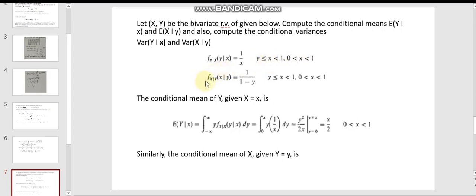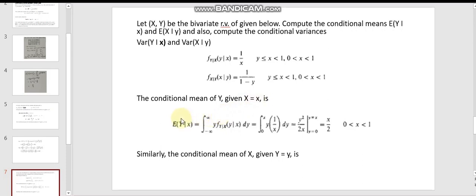Similarly, the conditional PDF of x given y is equal to 1 over 1 minus y with the given limits. Now first let us find the conditional mean of y given x equal to small x.